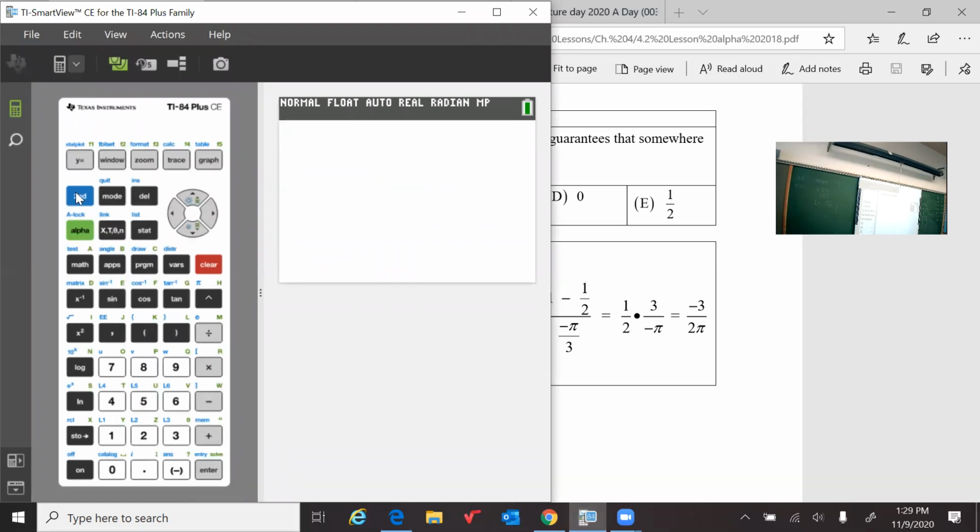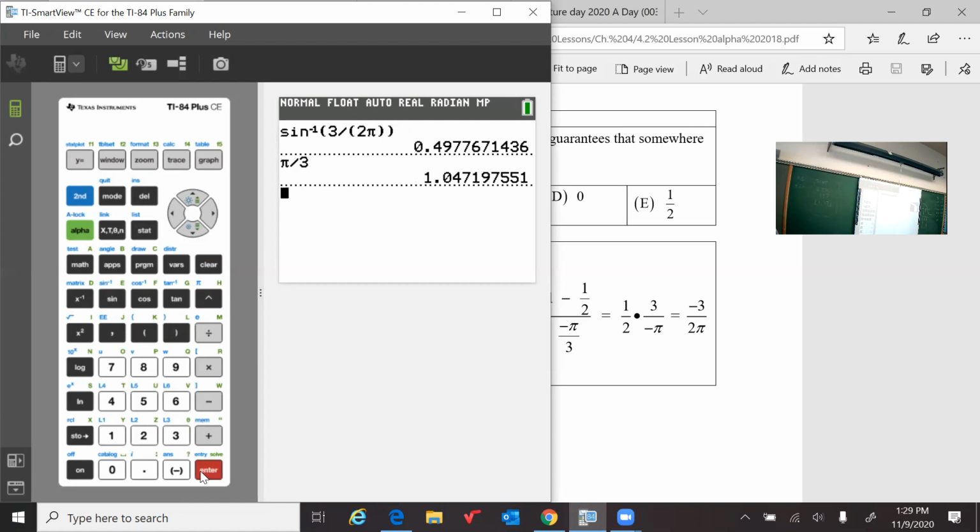Sine of x is 3 divided by 2 pi. It's that many radians, which is between 0 and pi divided by 3.